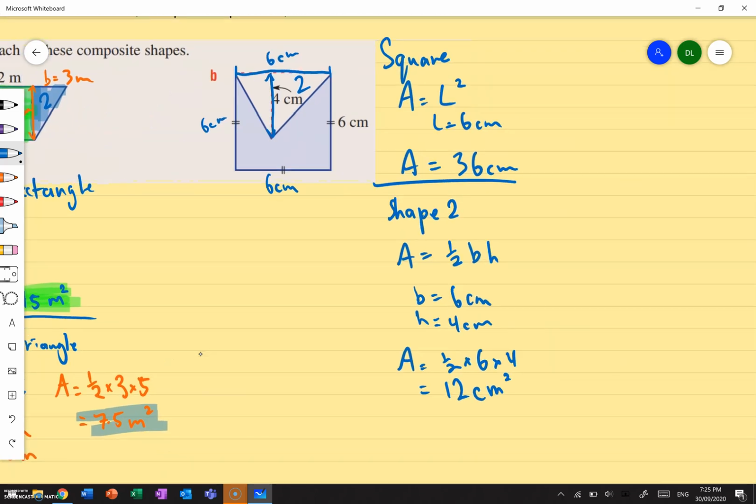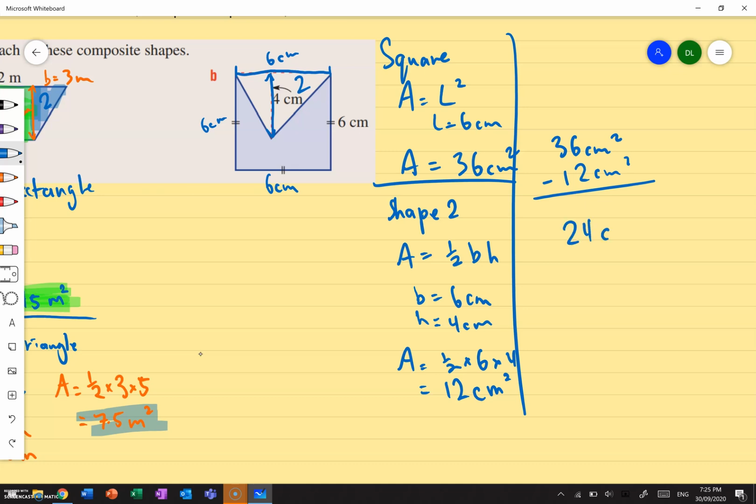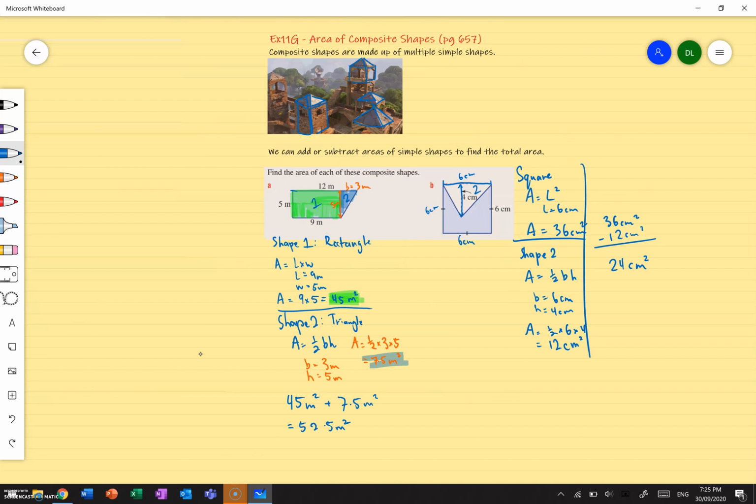So I take the square, 36 centimeters squared, and take away 12 centimeters squared from the triangle. That gives you an answer of 24 centimeters squared, and that is the area of this composite shape. Hopefully that makes sense. Once again, let me know if you need any help.